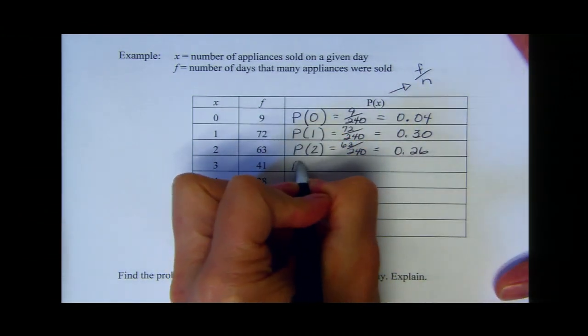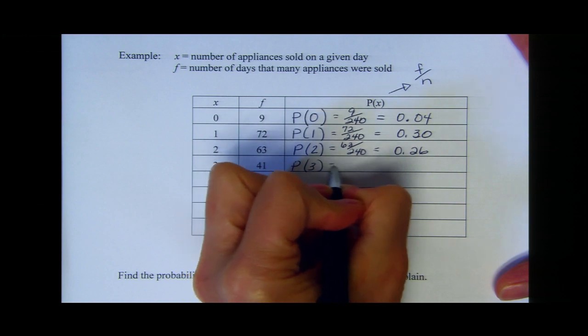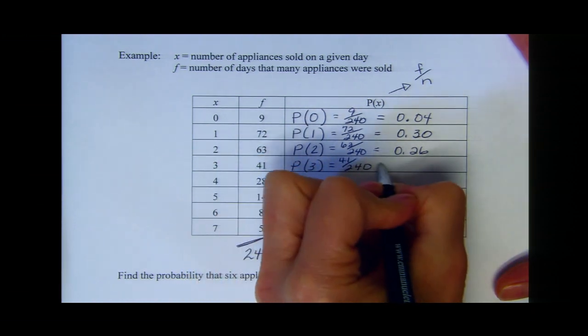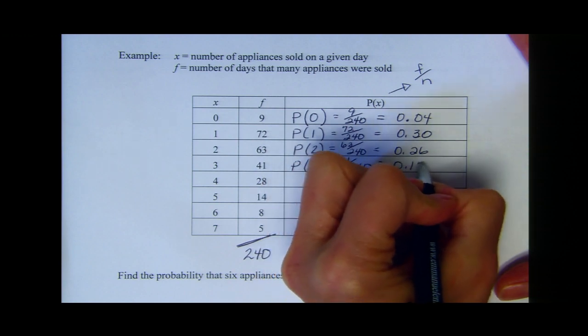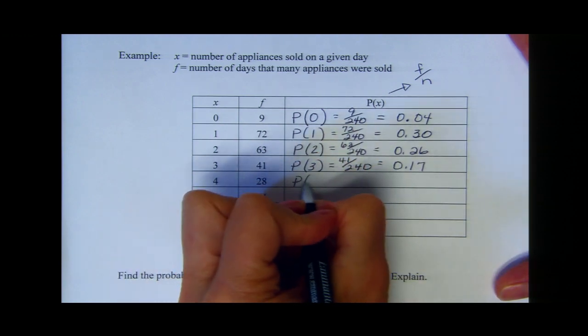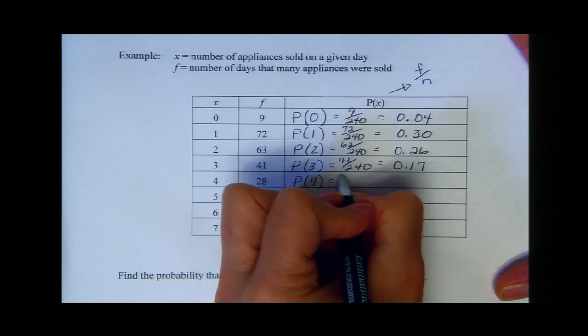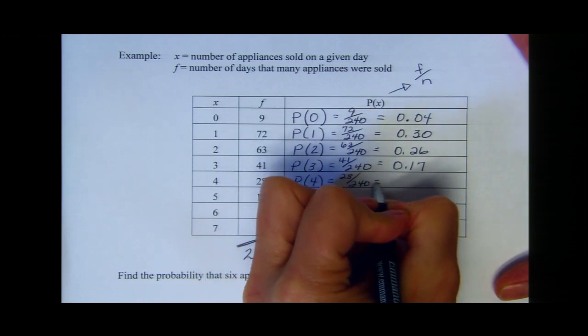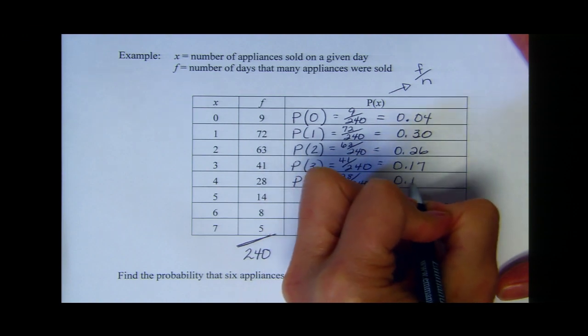0.26. The probability of 3 would be 41 over 240, which is 0.17. The probability of 4 appliances would be 28 over 240, which is 0.12.